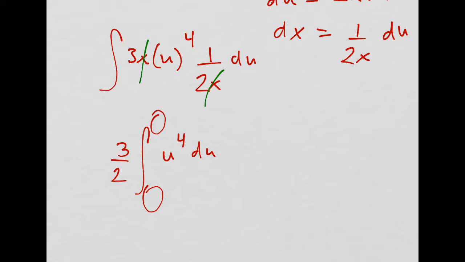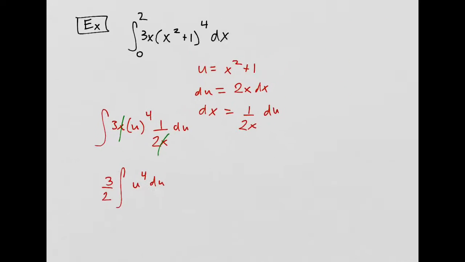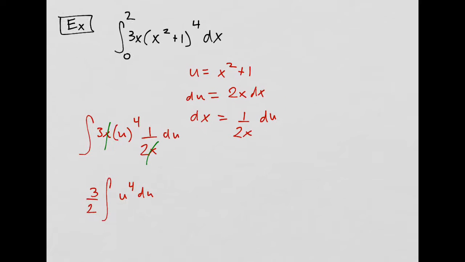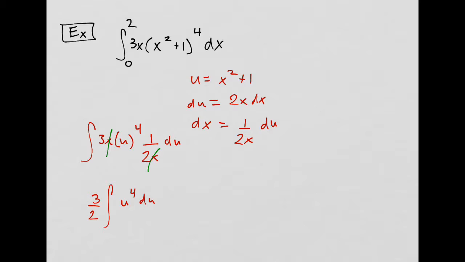Now I just need my limits of integration. If I told you that x is 0, would you be able to tell me what u is? It would be 1. How do you know that? Plug it into this. Yeah, we have something that we can use that translates x values into u values.